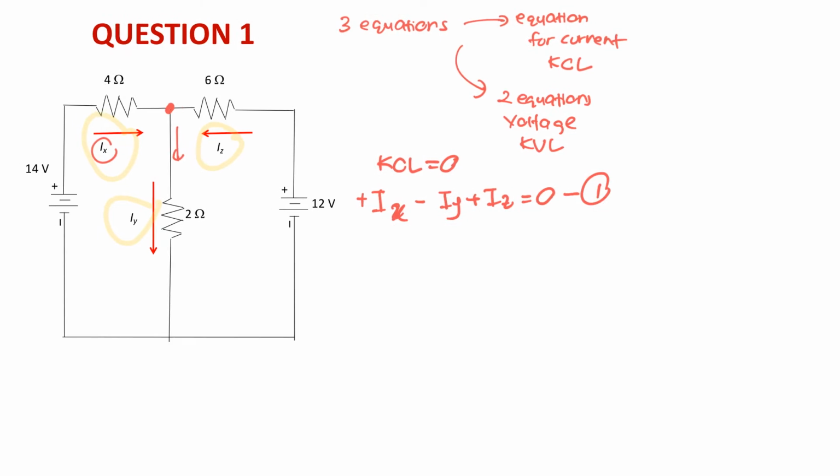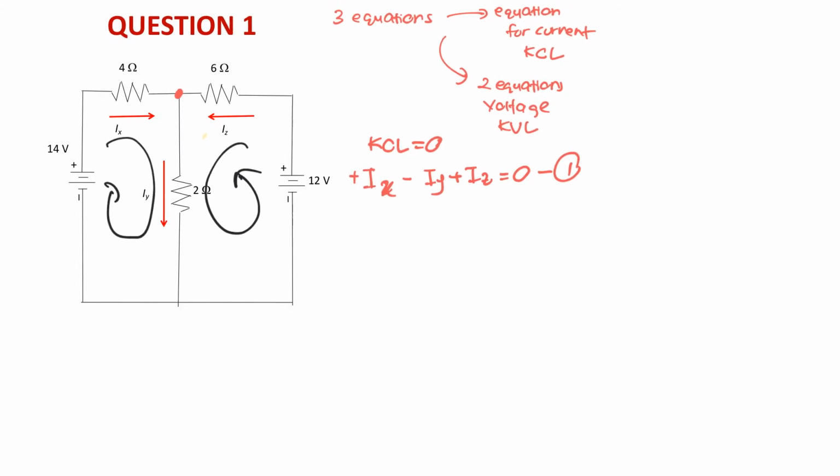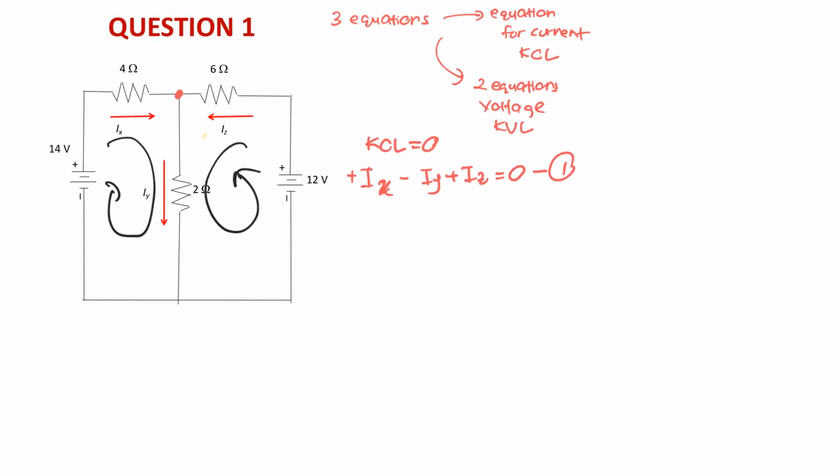Next, you need to make an assumption loop. Like I mentioned before, you can choose two loops in the same direction, or maybe one clockwise and one anti-clockwise, but your assumption loop is always right. So for example, I choose my loops as one clockwise and one anti-clockwise.